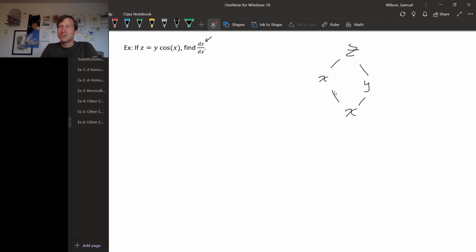So x depends on x in a way that we understand because x is equal to x. But y also depends on x somehow. So that's implicit in this setup that y is somehow a function of x. Okay, so let's find dz dx.